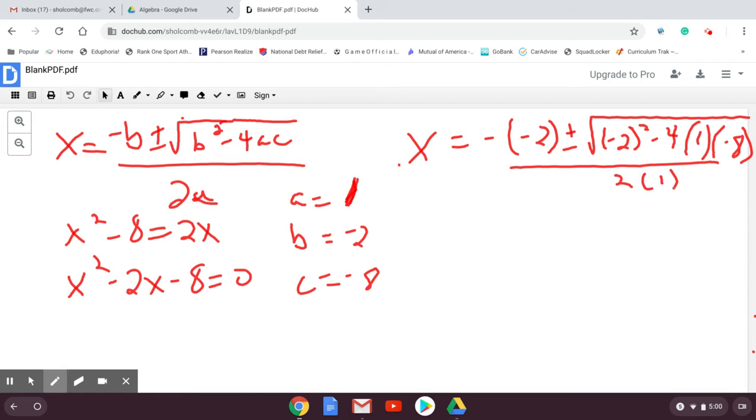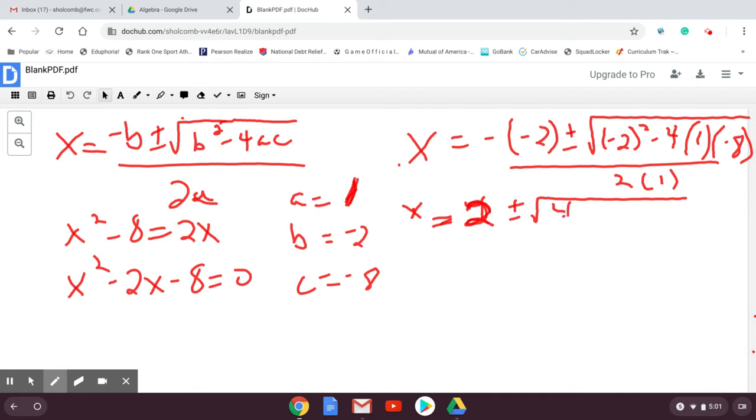Now, all the quadratic formula is PEMDAS, guys. You just have to take all those numbers we've written down and start narrowing it down to a final answer. Here are the steps. x is equal to a positive 2 now, because the negative of negative 2 is a positive 2, plus or minus the square root of negative 2 squared, which is 4.